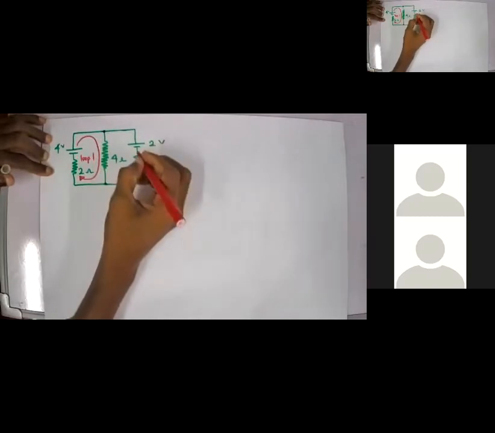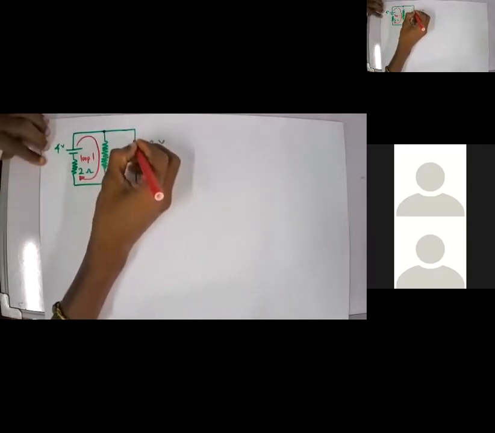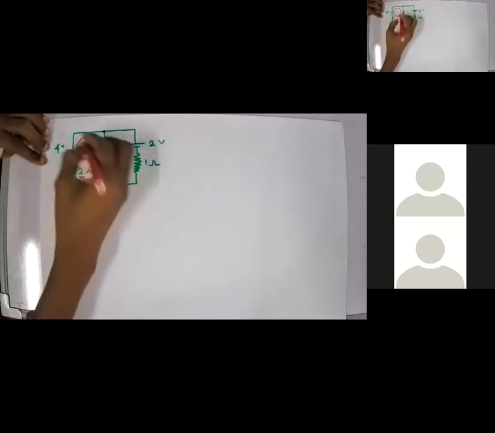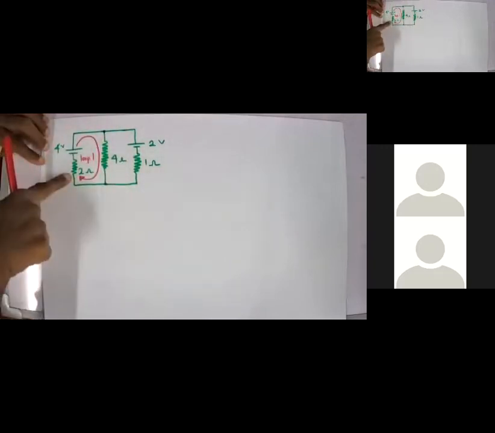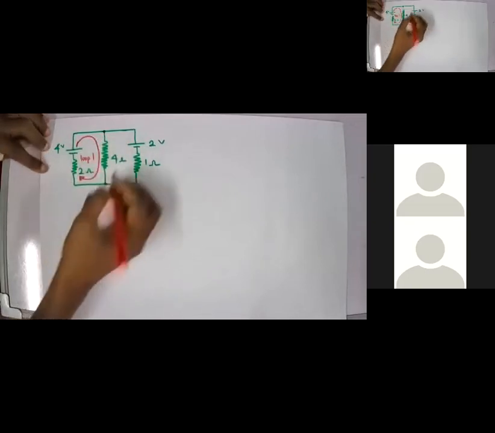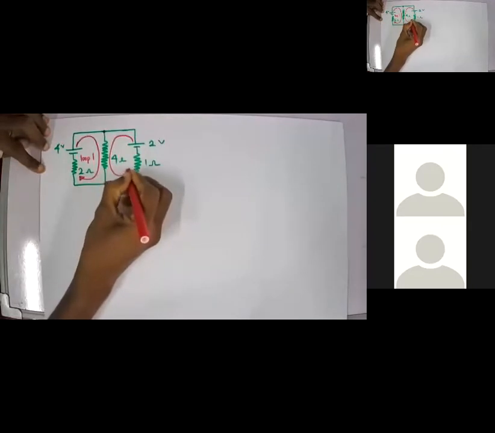And here I started from positive, right? Because with loop 1 I am marking the current direction, because always the current will be flowing from plus to minus, right? Again, at this point, we will make it as loop 2.